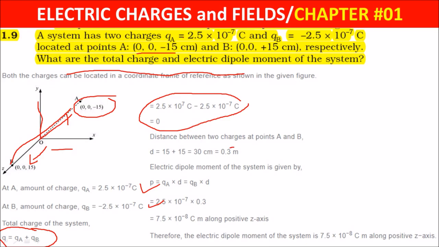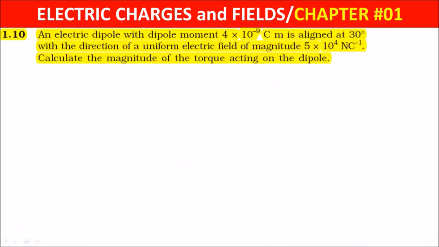So electric dipole moment is given by P is equal to Q into d, so QB into d. So multiplying, we get 7.5 into 10 to the power minus 8 coulomb meter along positive Z axis. Therefore, the electric dipole moment of the system is 7.5 into 10 to the power minus 8 coulomb meter along the positive Z direction.